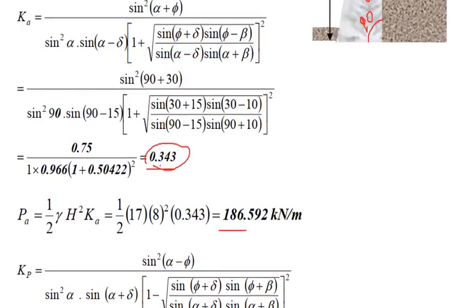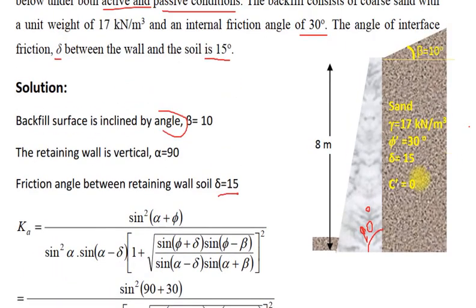The location of the passive force is at 1/3 from the bottom, that is, 1/3 times h, which is 8/3. H is the height of the retaining wall, and the force is inclined by an angle equal to delta.